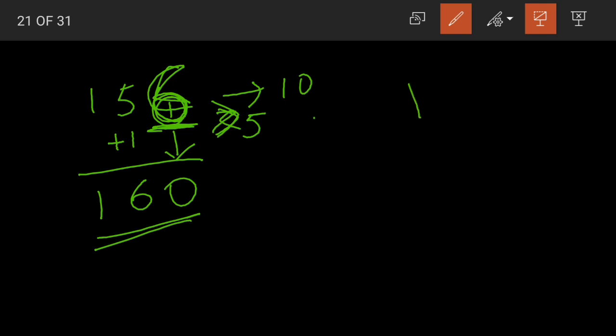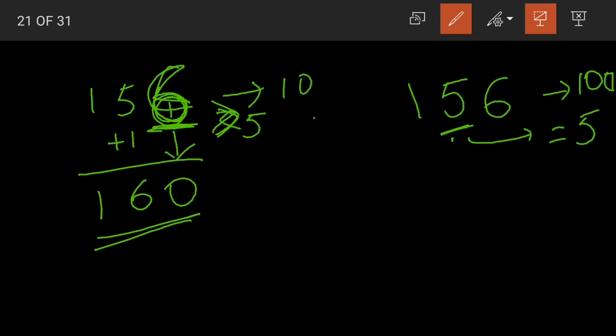In the same way, if we consider the same example, rounding off to the hundreds, what should we do? We should look at the digit in the tens place. It is equal to 5. So again we round up. Now where should we add the 1?